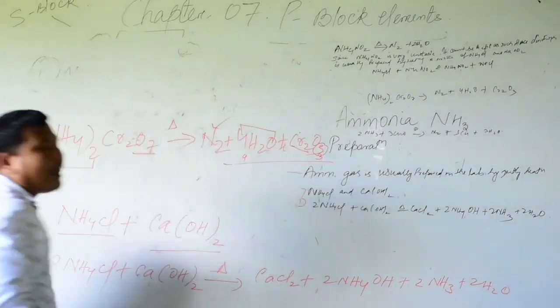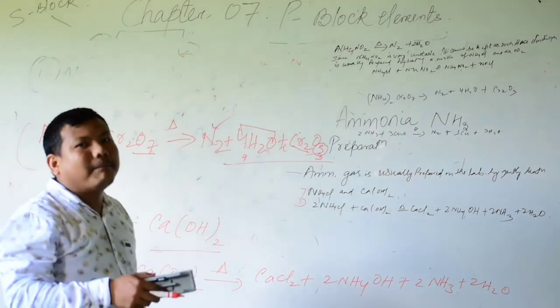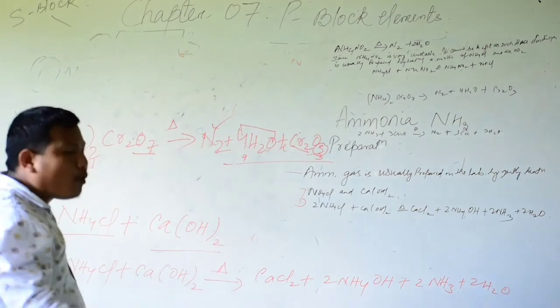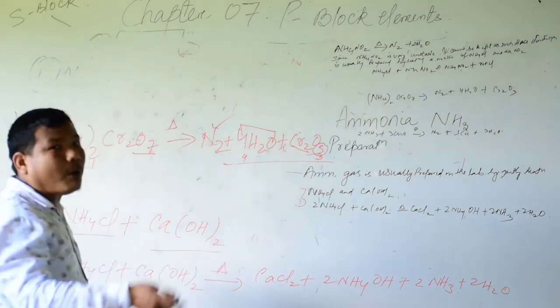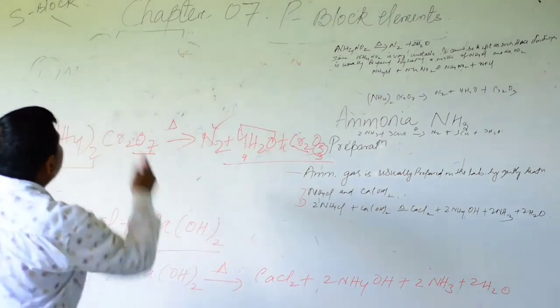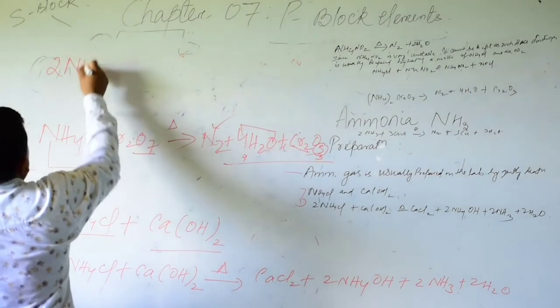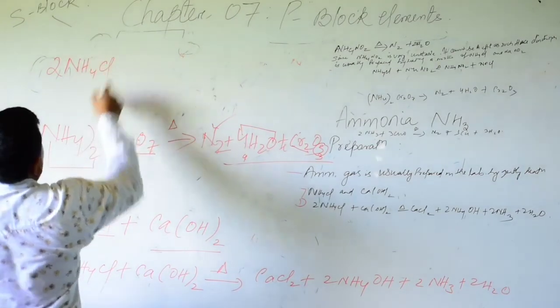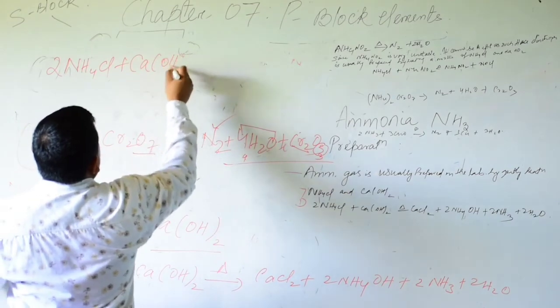As a repetition, ammonia gas is usually prepared in the laboratory by gently heating ammonium chloride and calcium hydroxide, which we commonly know as caustic soda. So now the chemical reaction, I'll show you. 2NH4Cl plus calcium hydroxide, Ca(OH)2.